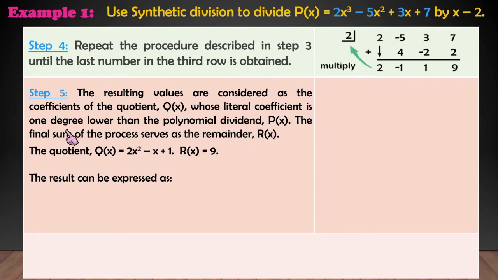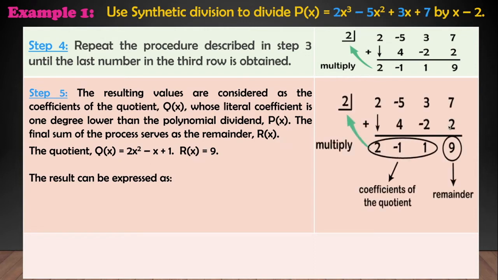So take note that the degree of the quotient is 1 degree lower than the degree of the polynomial dividend. The final sum of the process serves as the remainder R of x. So the quotient here is 2x squared minus x plus 1, and the remainder is 9.